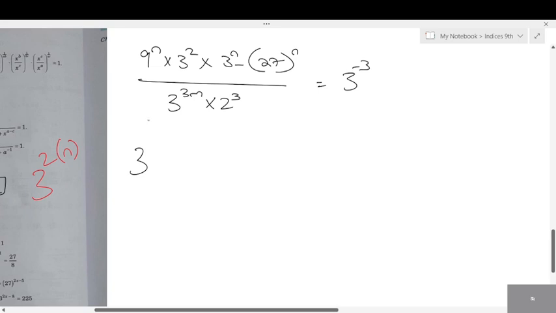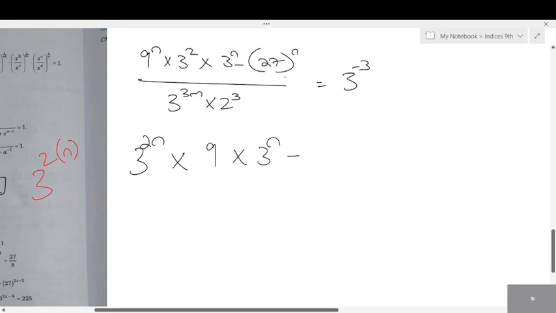Can I write 3 square? If I multiply, doesn't it become 3 to the power of 2n? Anya, can you respond? Anya, Delicia, are you there online? If the power is constant, what is 3 square, students? Tell me 3 square. 9. So 3 to the power of n as it is.